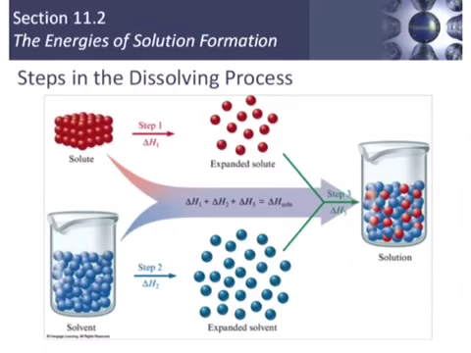So if we look at this picture here, when the solute expands, we have a delta H, and that delta H is positive. When we have the solvent, and the solvent is expanding, that is also a delta H that is positive. So first you expand your solute, and then the solvent starts to expand. Both of those are positive delta H's.